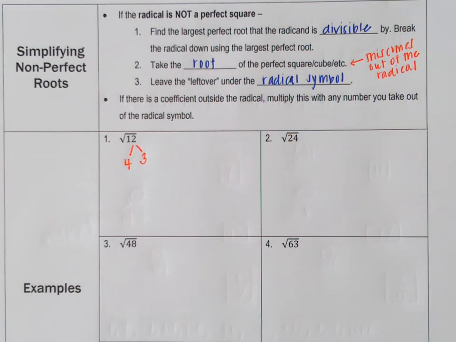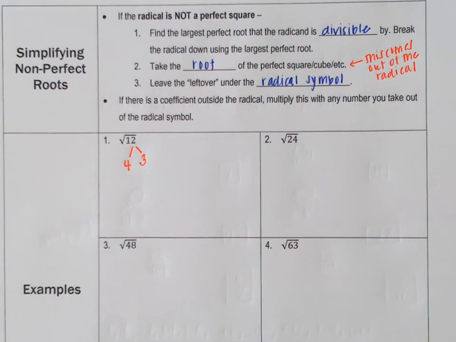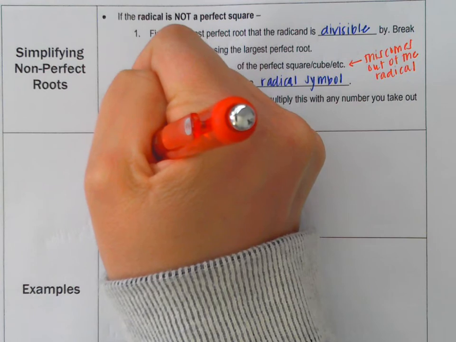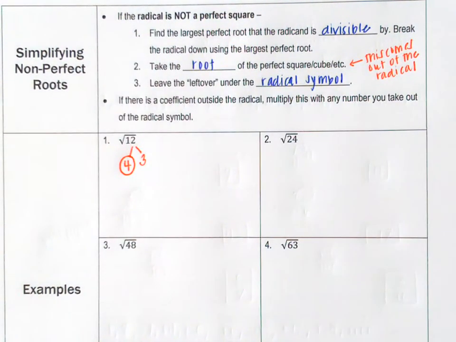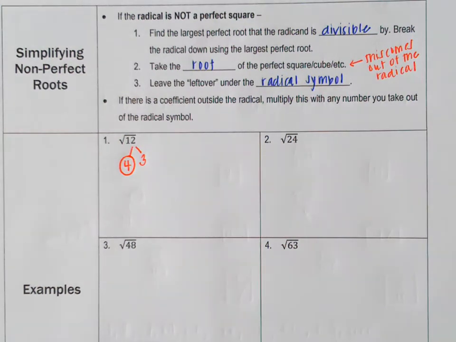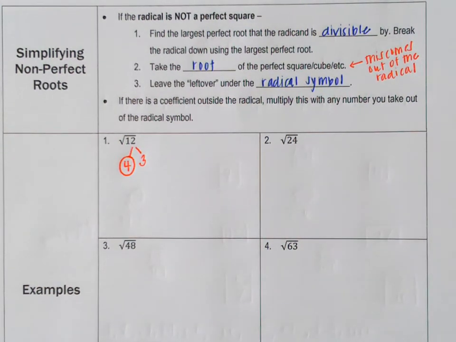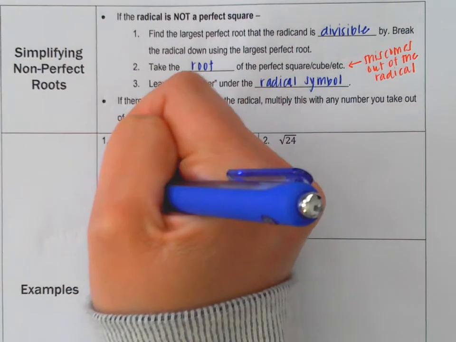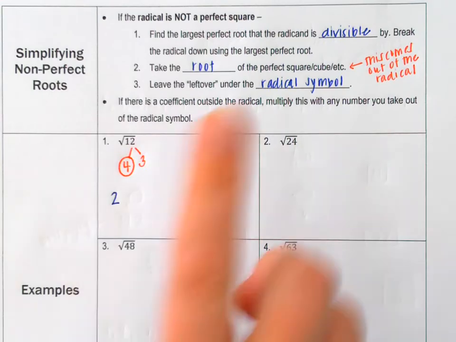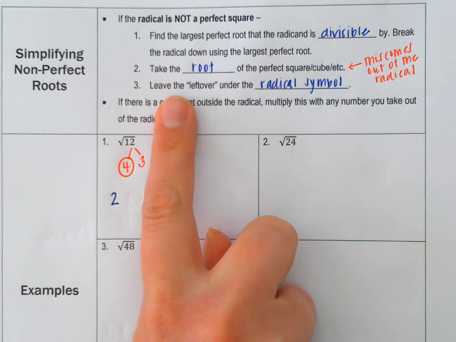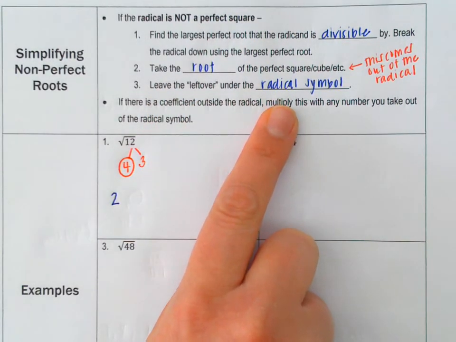Then I'm going to take the root of the perfect square or cube or whatever. In this case, it's a perfect square. And think, okay, what is the square root of 4? Well, the square root of 4 is 2. So that number is going to come out of the radical. And then this third step says leave the leftover under the radical symbol.